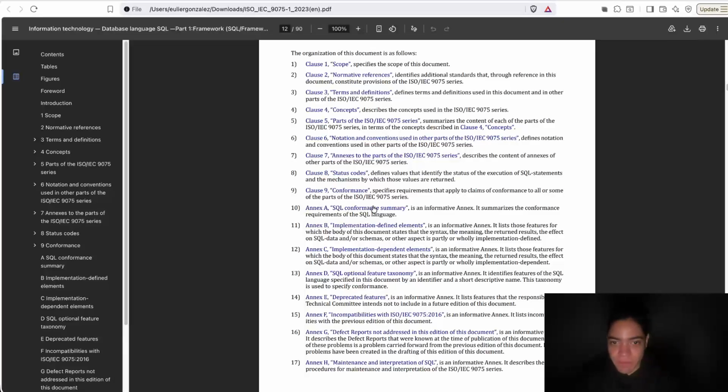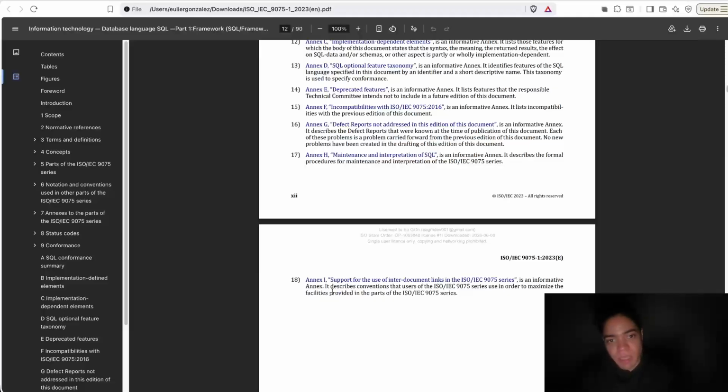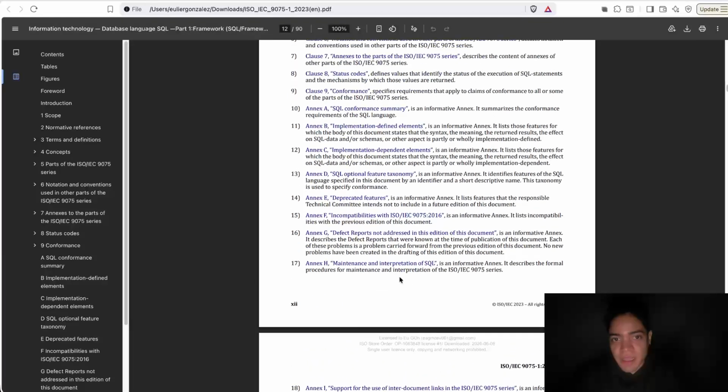Annex A, SQL conformance summary, implementation-defined elements, implementation-dependent elements, SQL optional feature taxonomy, deprecated features, incompatibilities with ISO IEC 1975 2006, Annex G, defect reports not addressed in these editions of this document, Annex H, maintenance and interpretation of SQL, and Annex I, support for the use of internal document links.